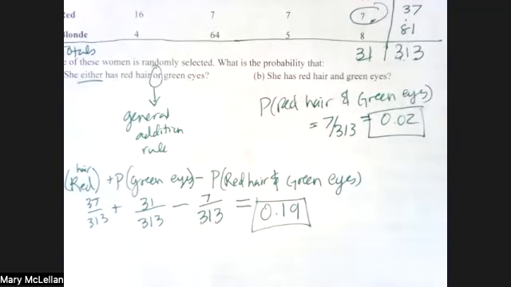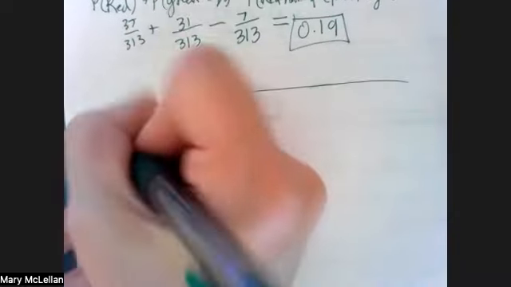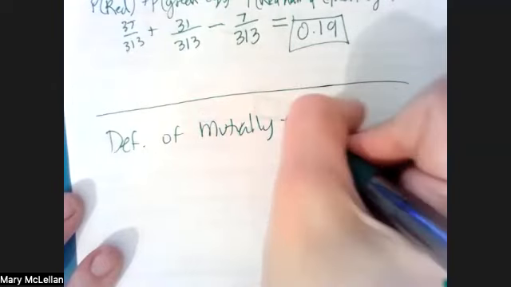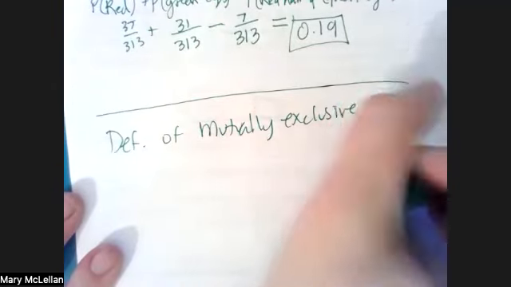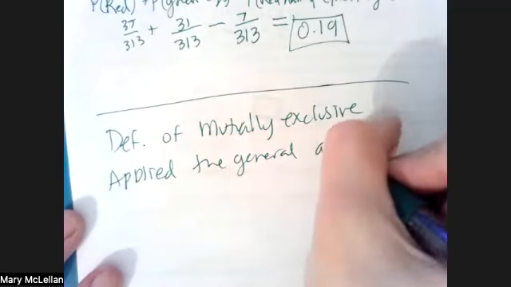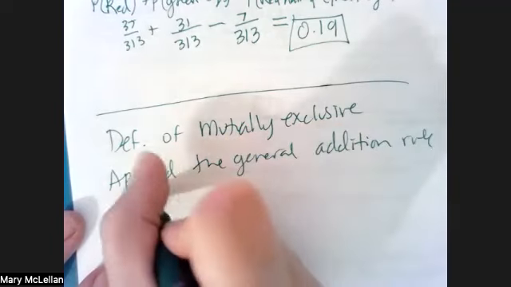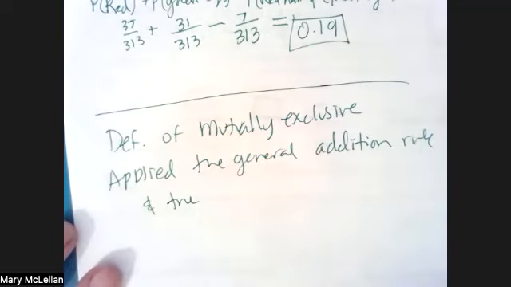Okay. I hope you had a nice time doing these notes. Today, we learned the definition of mutually exclusive. We applied the general addition rule and the addition rule for mutually exclusive events.